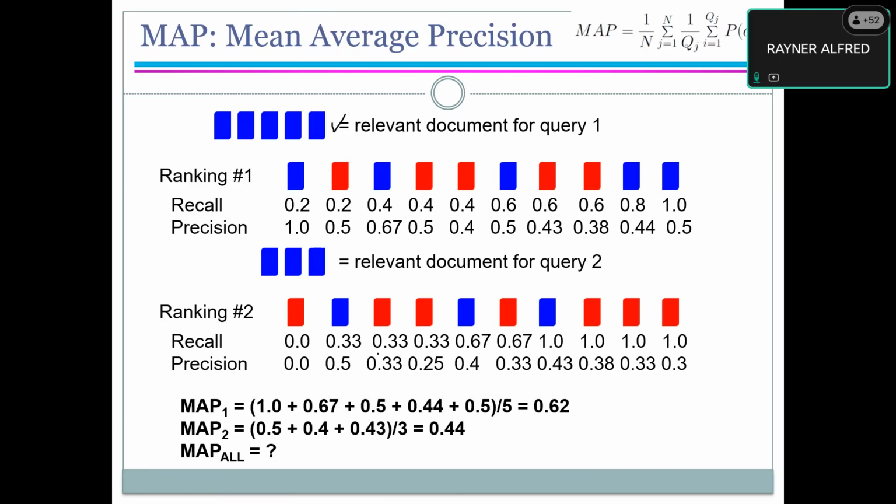Okay, and then for this one, we take all the precision and then we divide by 3. Because the 3 here refers to the number of relevant documents. So map all will be divided by 2 because we have 2 queries.